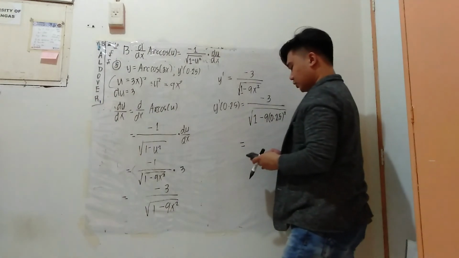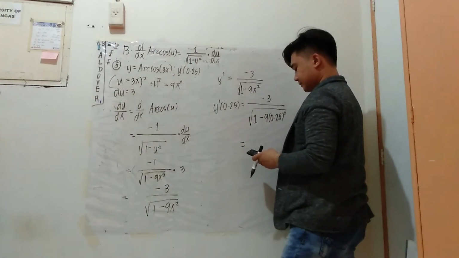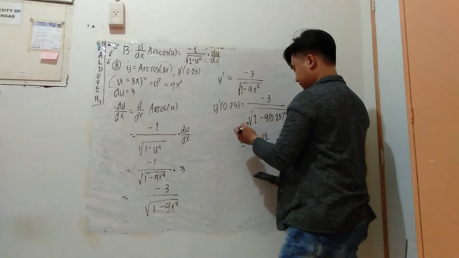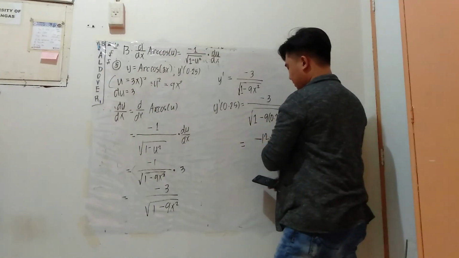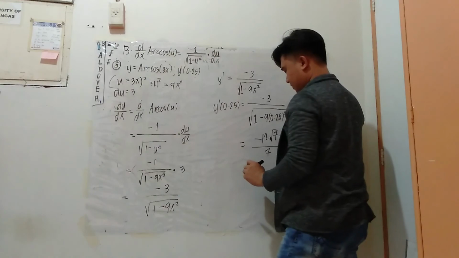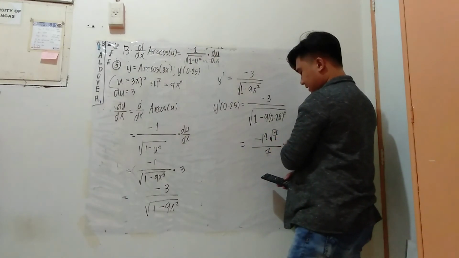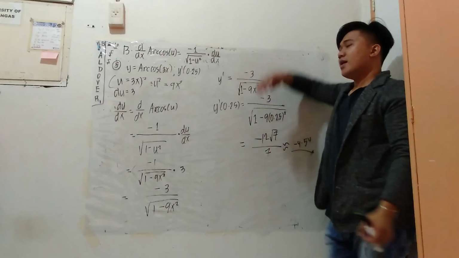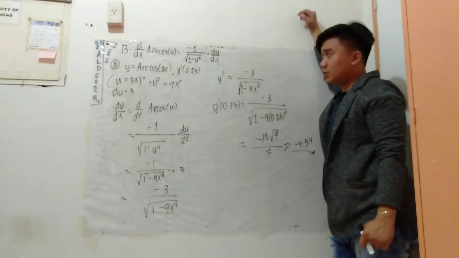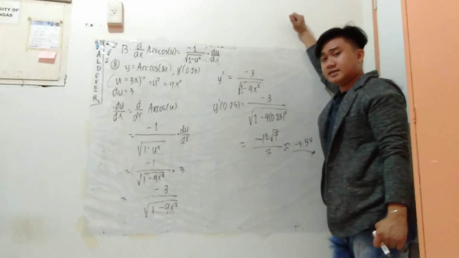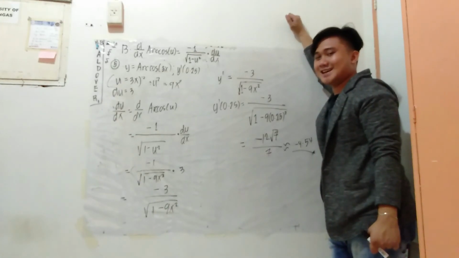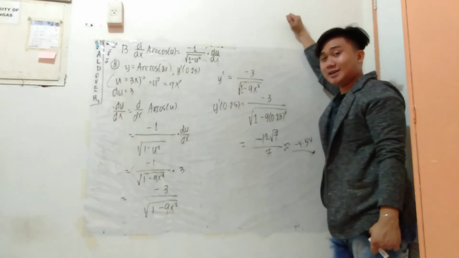And that is equal to, kung i-calculate natin, negative 12 square root of 7 all divided by 7, or approximately negative 4.54. Okay, so that is how you will evaluate a certain derivative. Okay? So parang kadugtong lang din ng previous topics natin. Okay? So copy your notes.